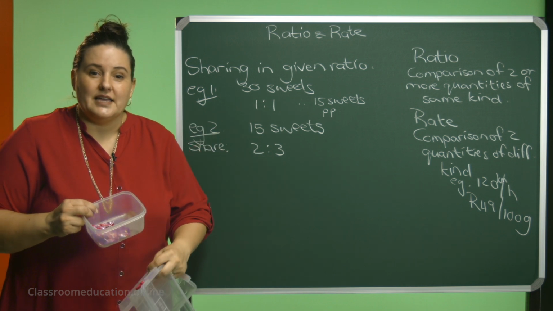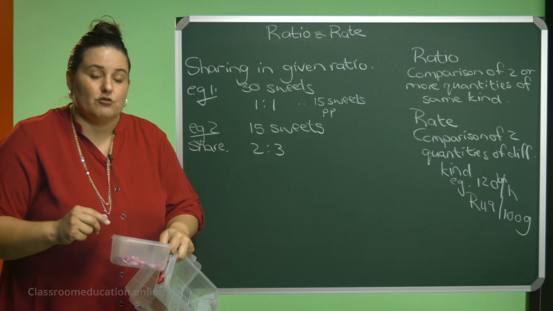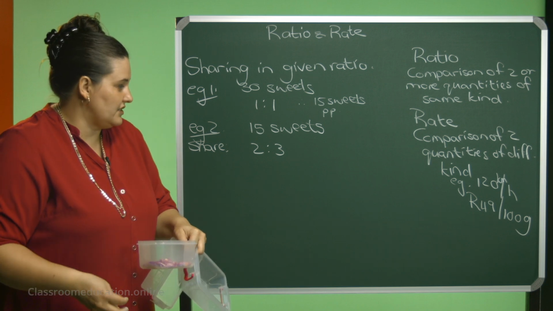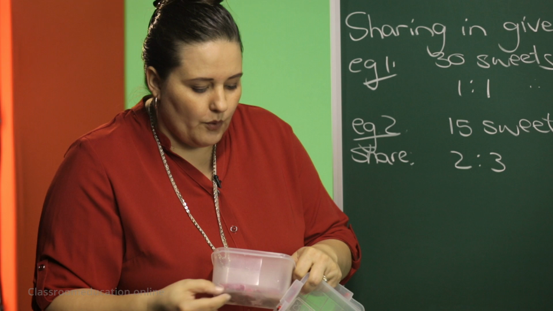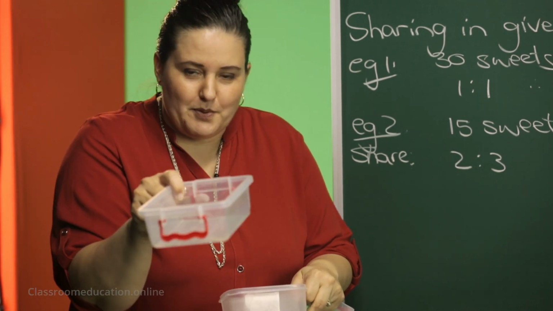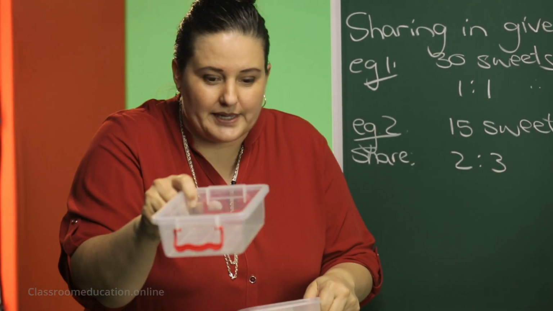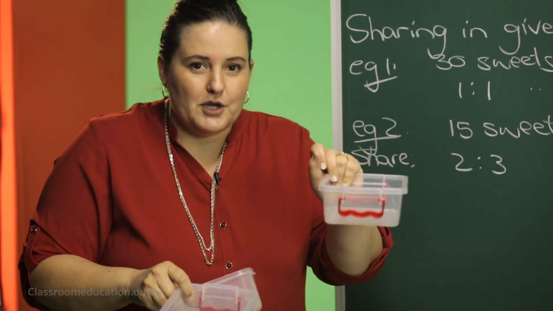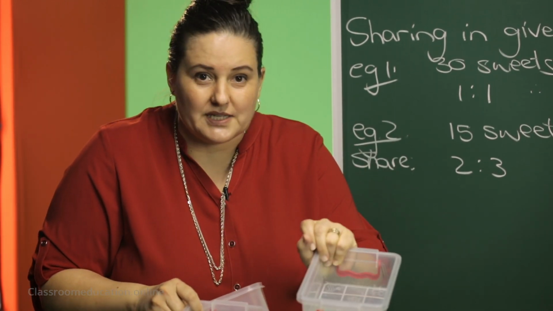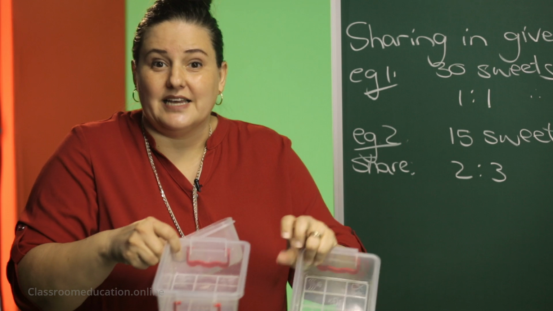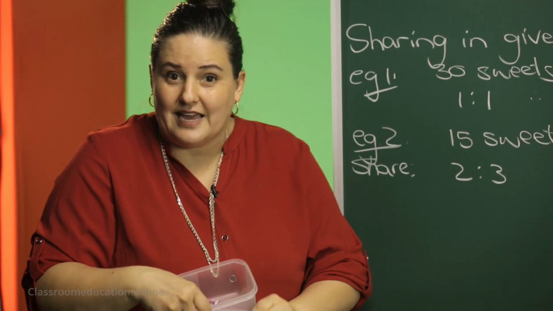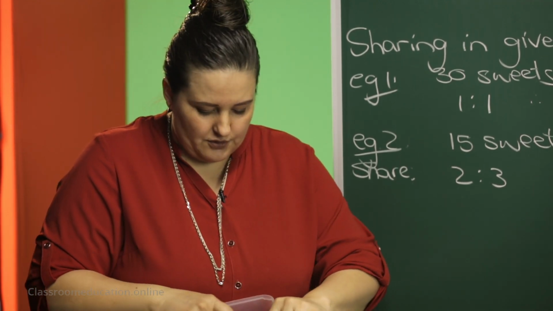So let's say I need to share this in the ratio of 2:3, which means that the first person will get 2 sweets, while the second person will get 3 sweets. But I need to share it until there's no more sweets left. Now let's see if we can do that.